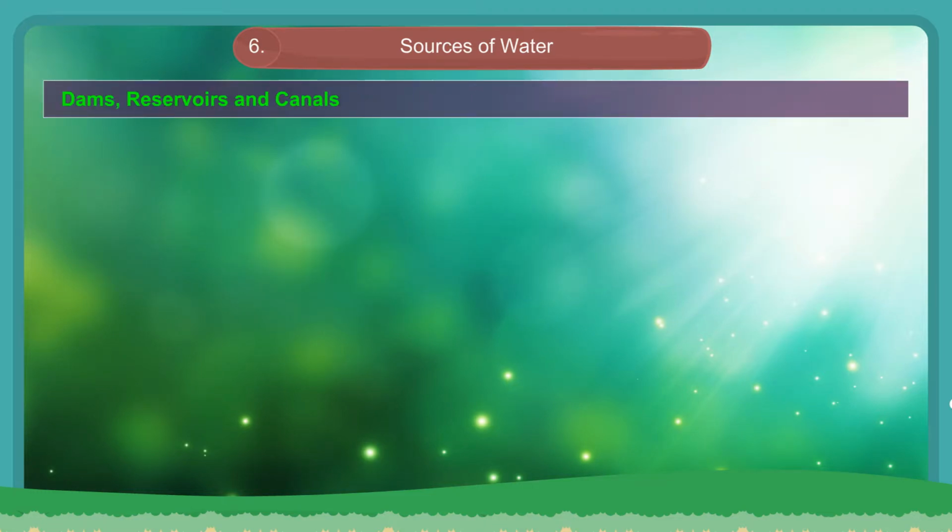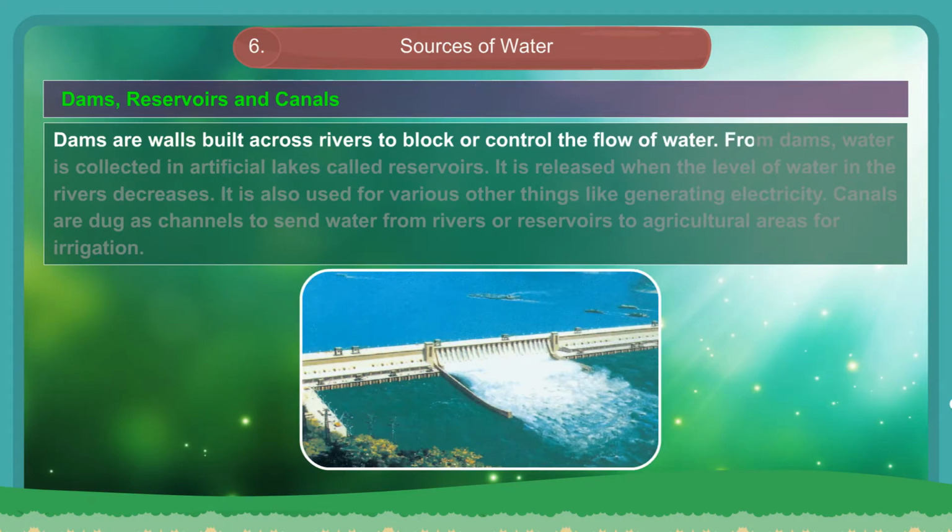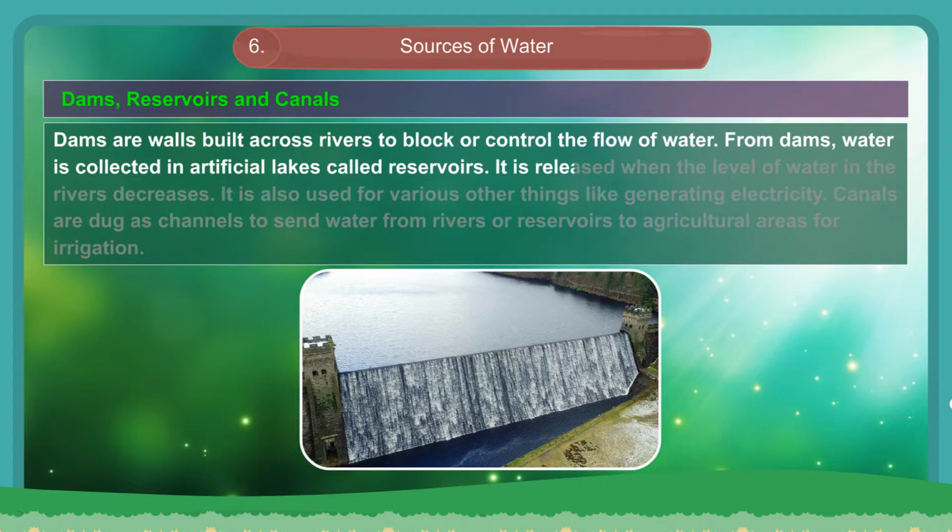Dams, reservoirs, and canals. Dams are walls built across rivers to block or control the flow of water. From dams, water is collected in artificial lakes called reservoirs. It is released when the level of water in the rivers decreases.